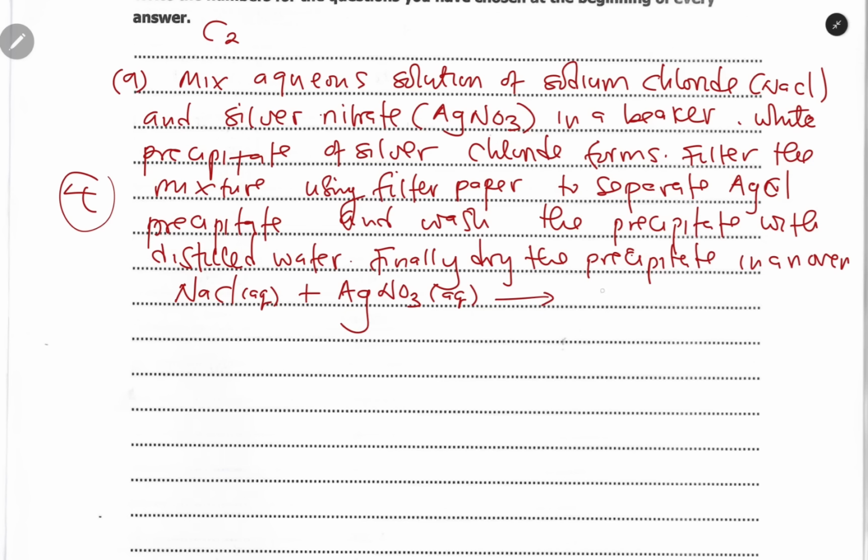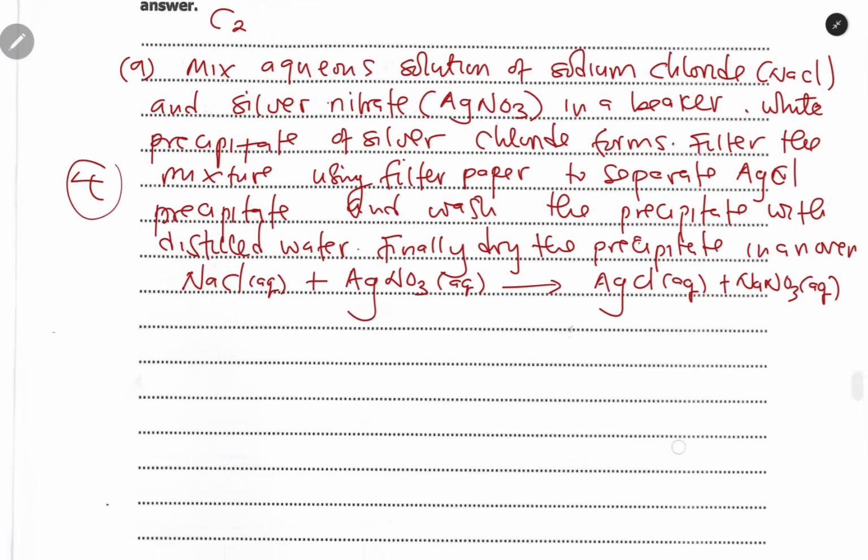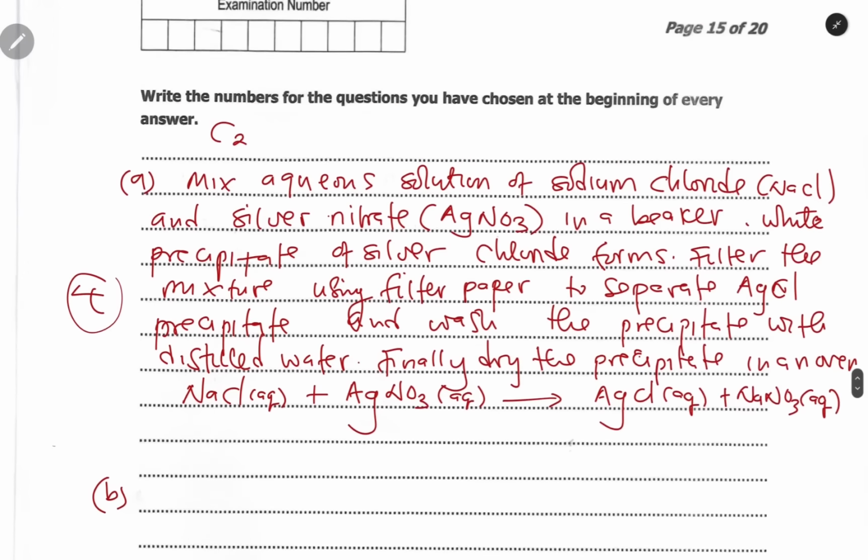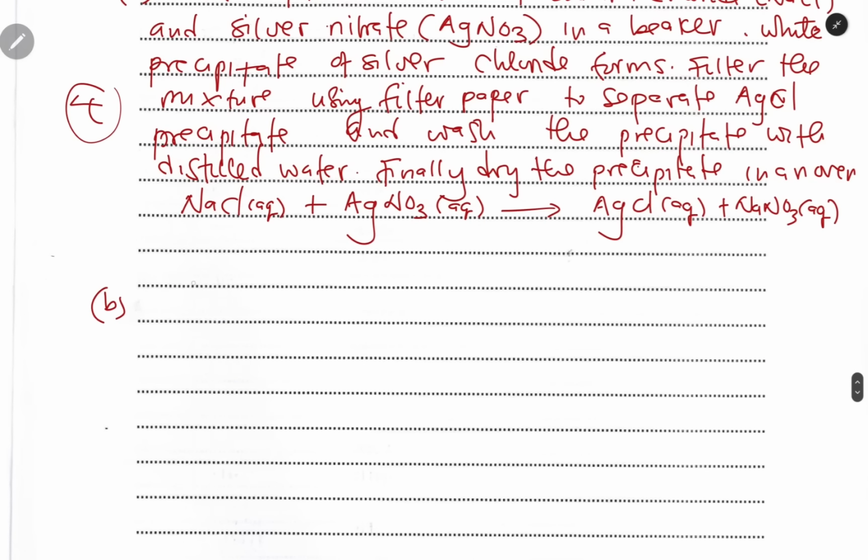This results in the formation of silver chloride and sodium nitrate, which is also aqueous. These are the products that are formed. Now, the big question here: we are told to write the net ionic equation. We know that we write it from the balanced equation.